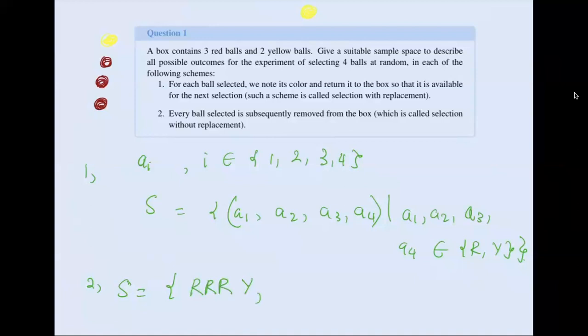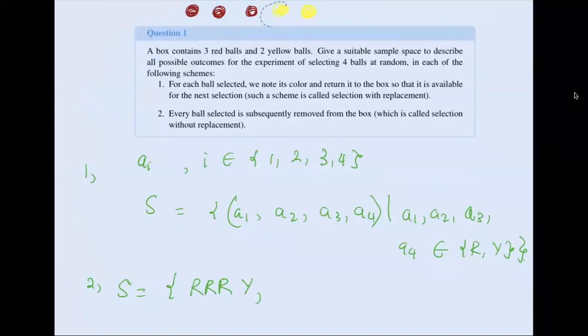It just means when you select 4 balls and 3 of them are red, then the remaining one has to be yellow. And this yellow can be picked in the second draw, or in the third draw, or in the fourth draw, or in the first draw as well.